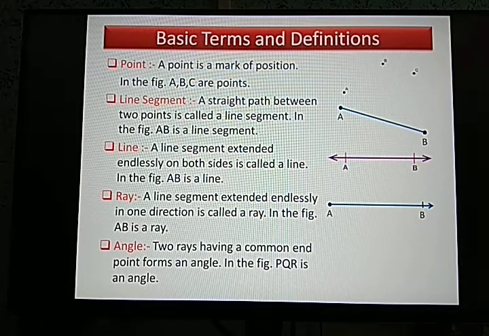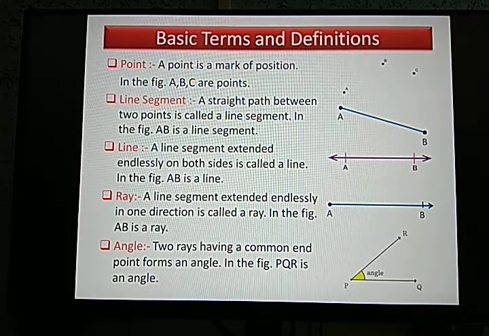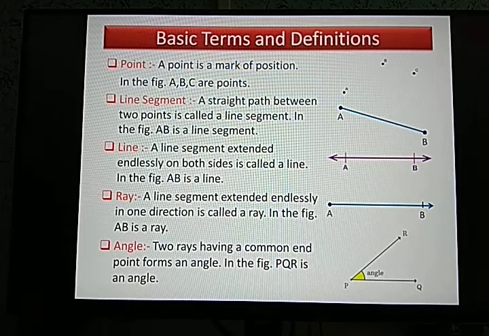Now next, angle. So what is an angle? When 2 rays having a common endpoint meet, they form an angle. So for forming an angle, there should be at least 2 rays, and they will have a common endpoint. Now as you can see here, PQR is an angle. They have a common endpoint, that is P, and the 2 rays are PR and PQ.